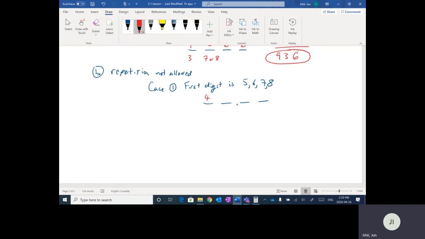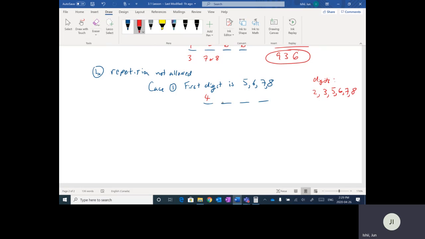And in the second slot, there were a total of 6 digits, right? So actually, on the side here, I'm just going to list the digits. I think it was 2, 2, 3, 5, 6, 7, 8.